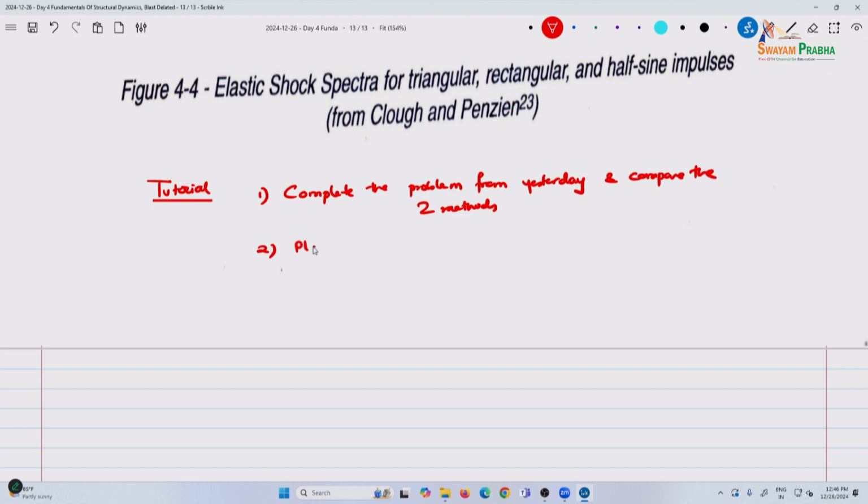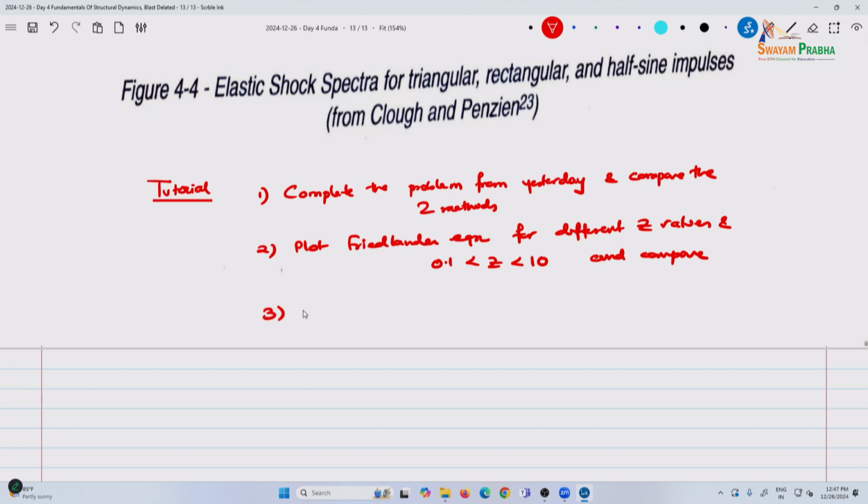Secondly, plot the Friedlander equation for different z values, ratios z from 0.1, and compare.